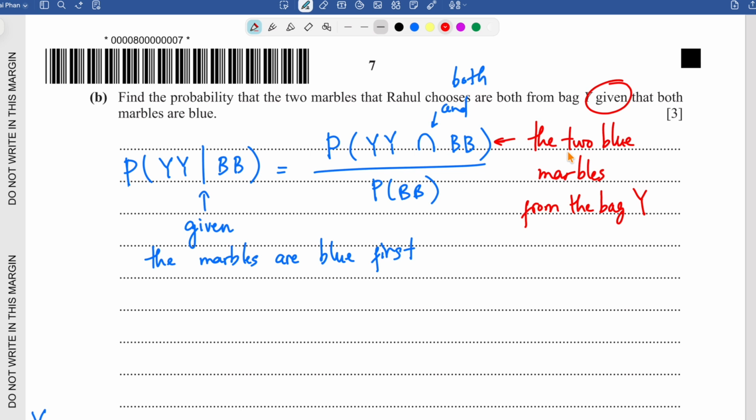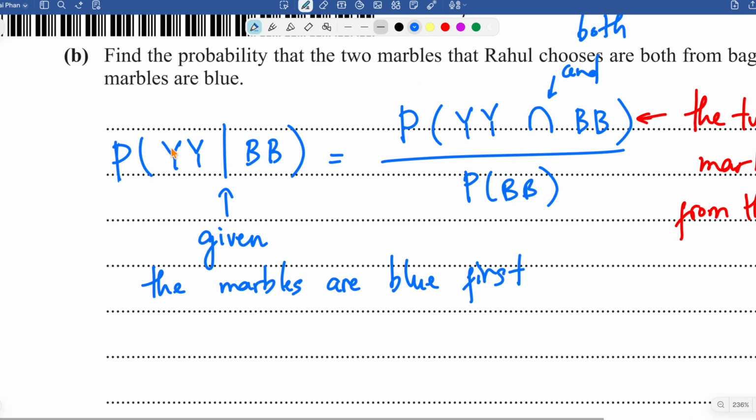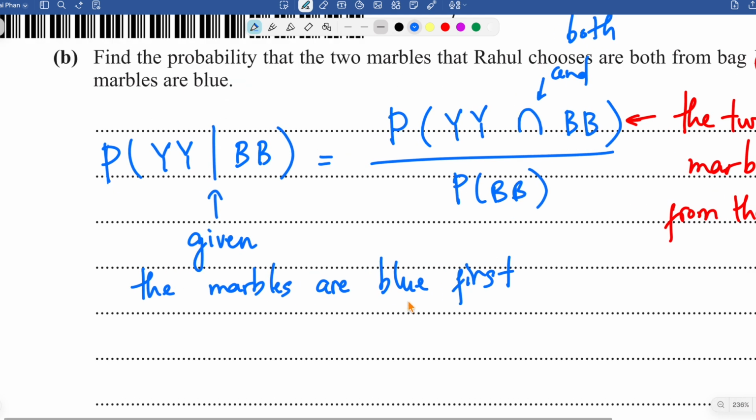Most of the time, like 90%, the question is about conditional probability, and there's a formula for it that I wrote down here. The probability that the two balls are chosen from bag Y, written as Y, with a vertical bar representing the given condition, which means the two marbles must be blue first.